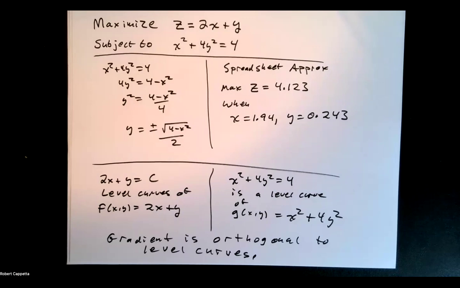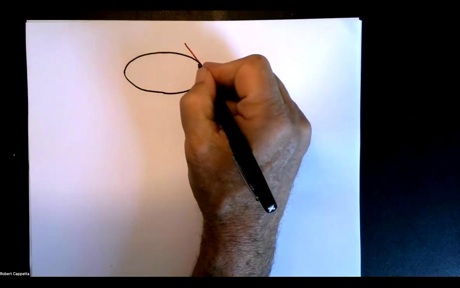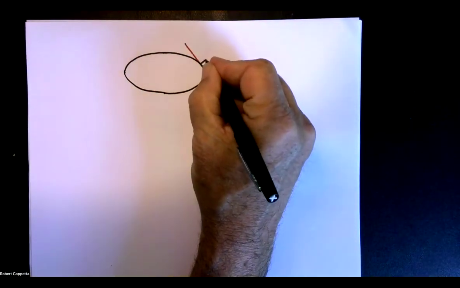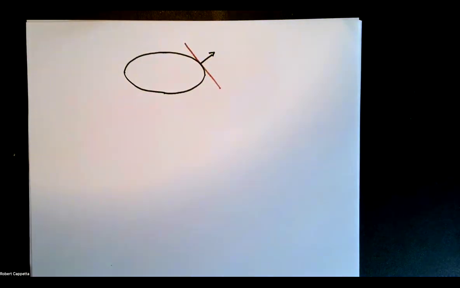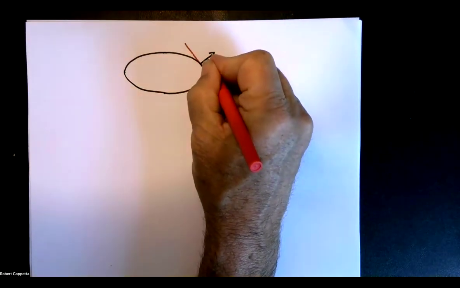So we need to think visually in terms of what the gradients would be in terms of how we find the points x, y that are going to be the points of tangency. So the key idea is to recognize that the black ellipse is a level curve. The gradient of its generating function is orthogonal. All these lines are also level curves, so their gradient would be orthogonal to the level curve.